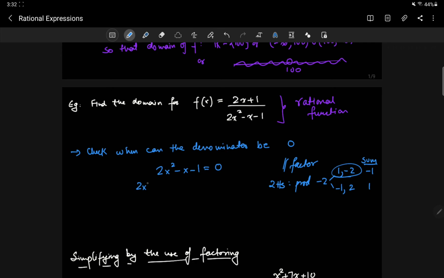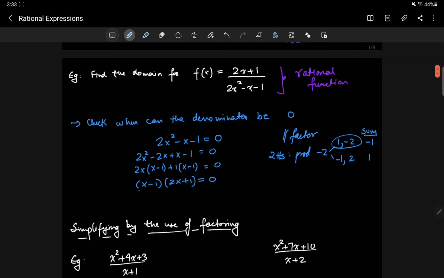So this becomes 2x squared minus 2x plus x minus 1, which is 2x times (x minus 1) plus 1 times (x minus 1), equal to 0, so (x minus 1)(2x plus 1) equals 0. That gives me either x equals 1 or x equals negative half.